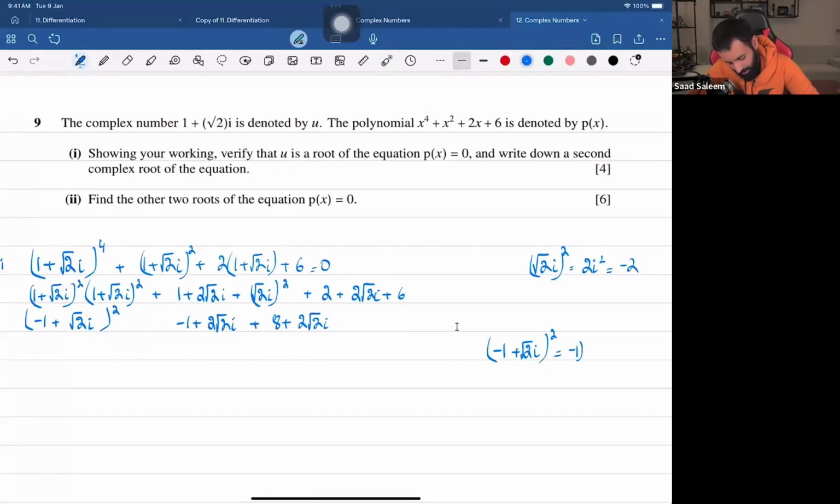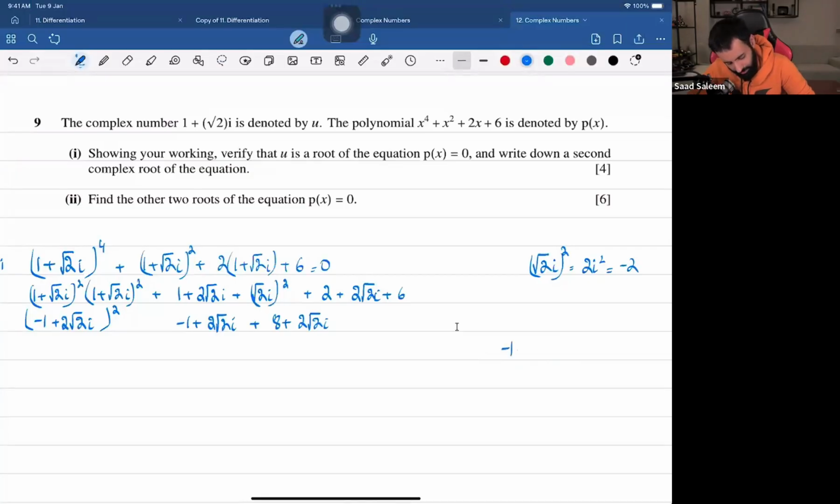So this is going to be a square: minus 1 squared, minus 2ab, which means minus 2 root 2 iota, plus root 2 iota squared. We already saw what root 2 iota squared is equal to. Wait a minute, this is 2 root 2 iota. Sorry, my bad. Let's do this again.